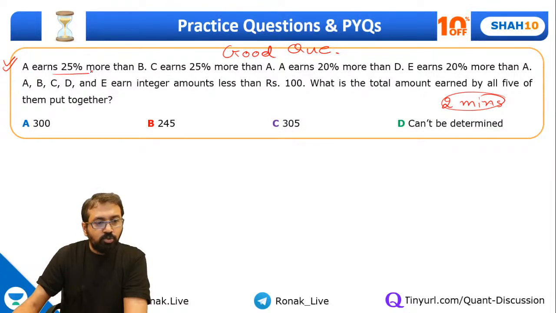So A earns 25% more than B. C earns 25% more than A, and A earns 20% more than D. ठीक है?